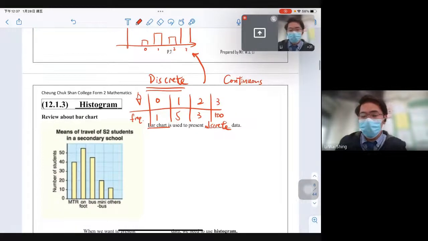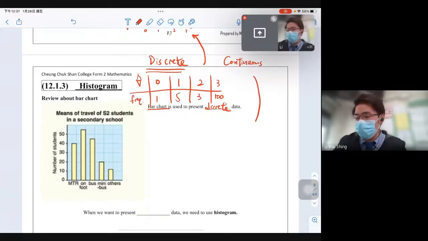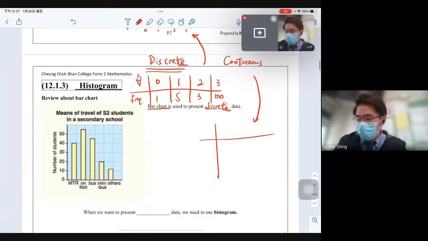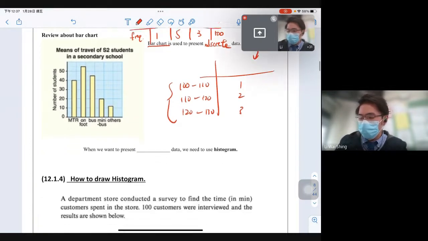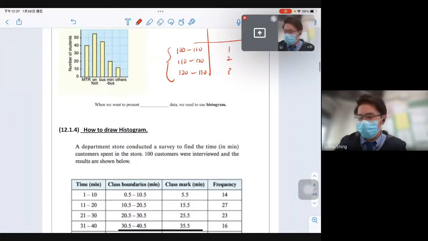And for continuous data, since it is in groups, for example, 100 cm to 110, 110 to 120, 120 to 130, you need to use not a bar chart, we call it a histogram, 組織圖.